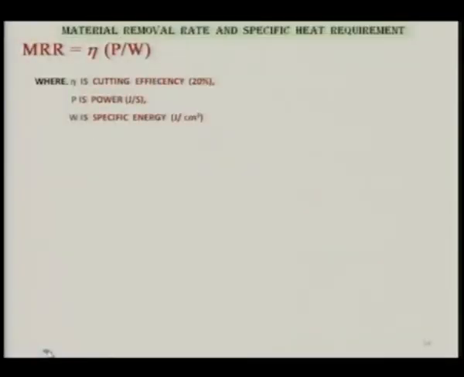Material removal rate is normally given by zeta P over W, where zeta is cutting efficiency. Now it is a very high value written over here, 20% seems to be higher. P is the power in joules per second and W is the specific energy in joules per cubic centimeter.